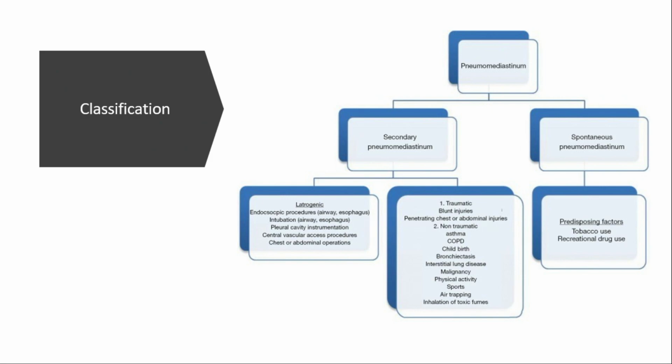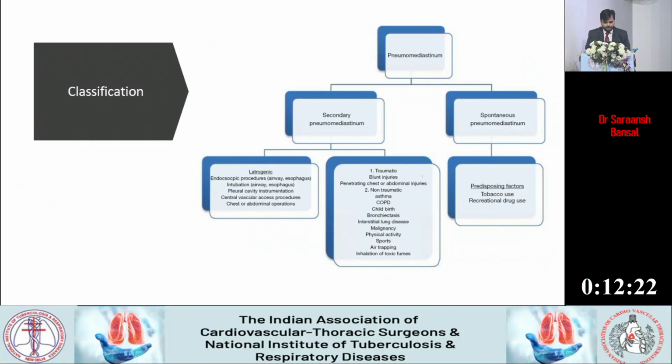Secondary could be iatrogenic, through procedures like endoscopic procedures, post-intubation, pleural cavity instrumentation, central venous access. It could also be traumatic, post blunt injuries or penetrating chest trauma. It could be non-traumatic, secondary to inherent pulmonary diseases such as asthma, COPD, bronchiectasis, ILDs.